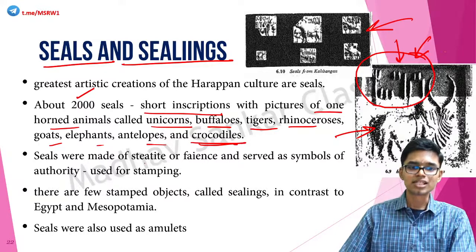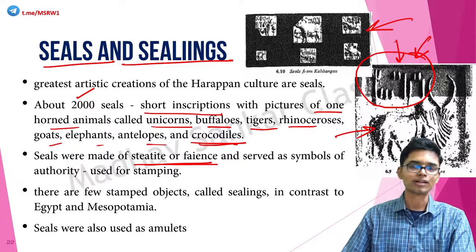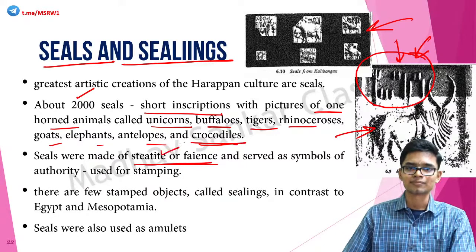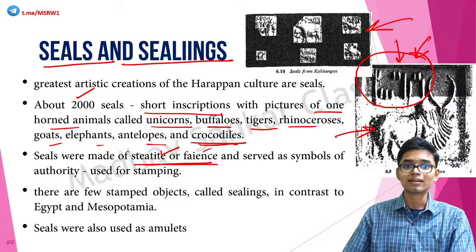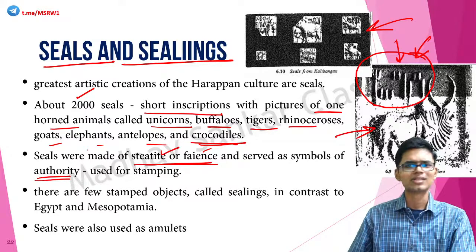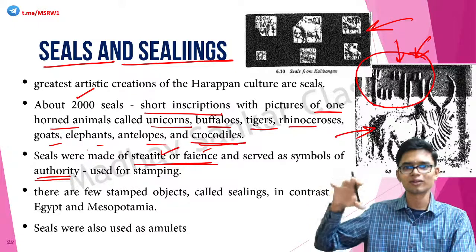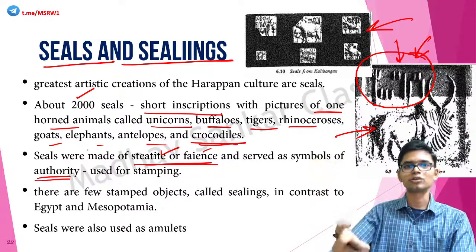Seals were made of steatite or faience. These were the common materials used for making seals. It is not mud or clay. Most of them are made of steatite or faience. And they served as symbols of authority. Just like modern day, it is officers and powerful people that use a seal.